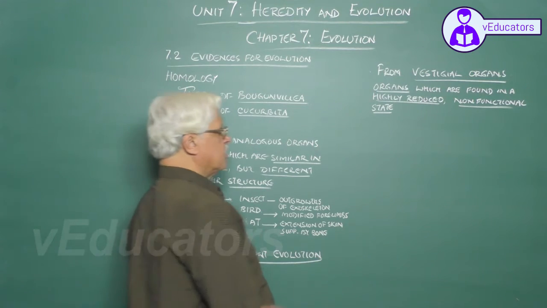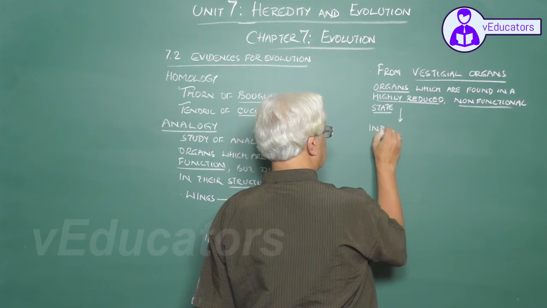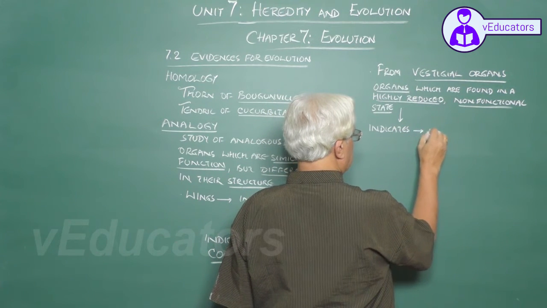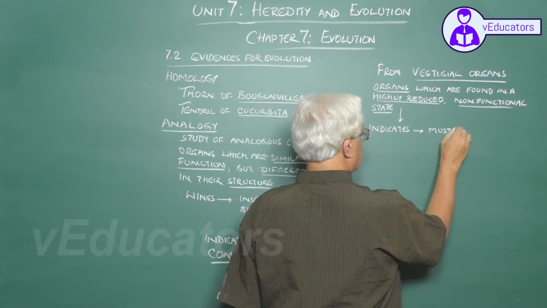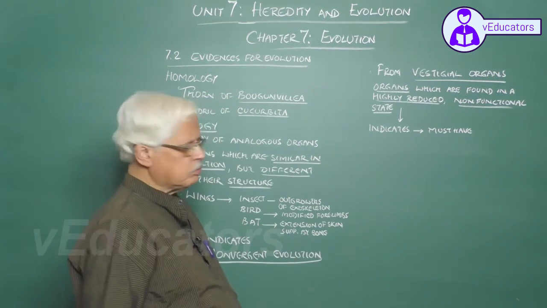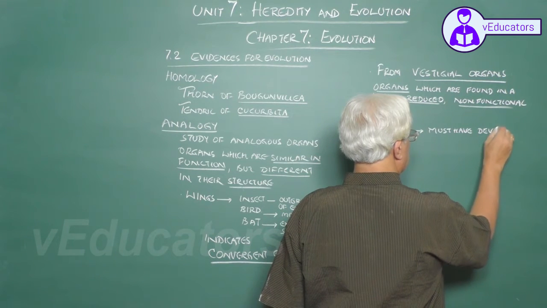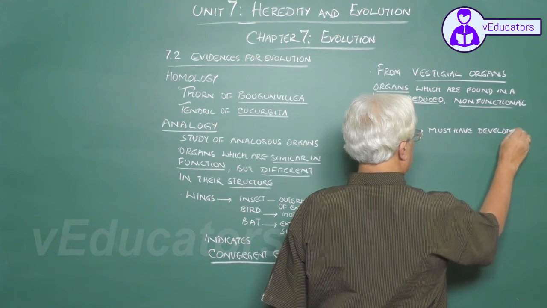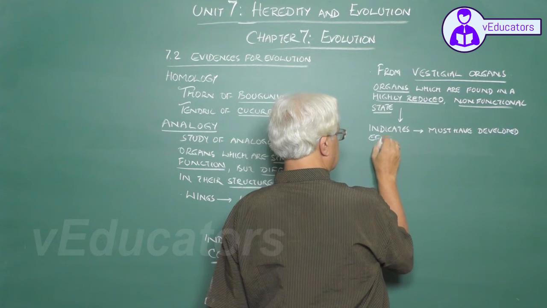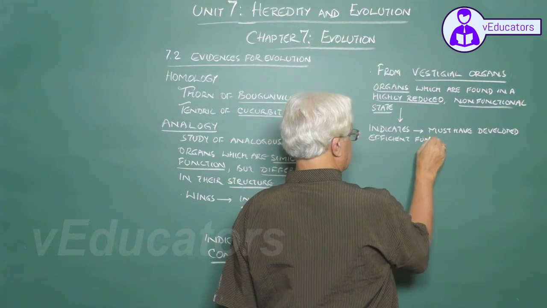The presence of vestigial organs indicates that these organs must have developed efficient functions in ancestors.